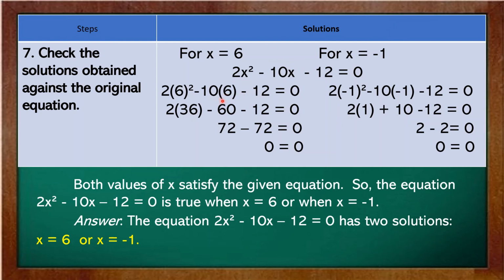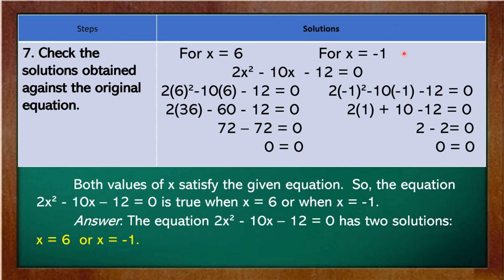So, negative 10 times 6 minus 12 equals 0. And then 6 times 6 is 36 times 2, and that is 72. Negative 10 times 6 is negative 60. Then minus 12, so negative 60 minus 12 is negative 72. So now 72 minus 72 is equal to 0. Then 0 is equal to 0. So our solution 6 satisfy our given equation.